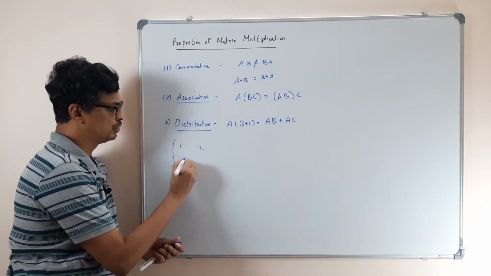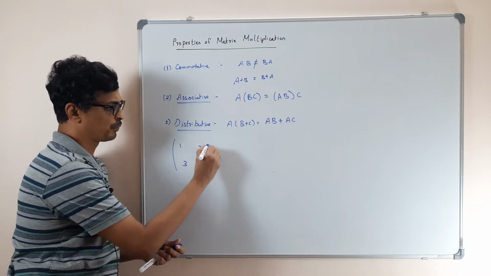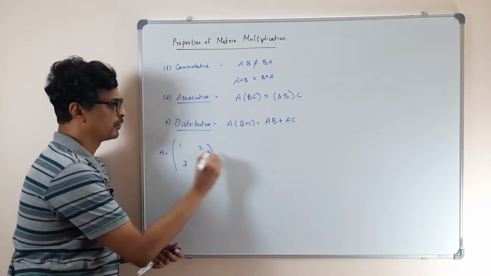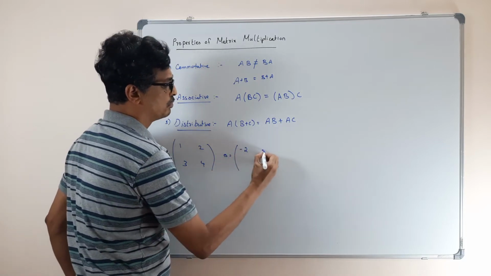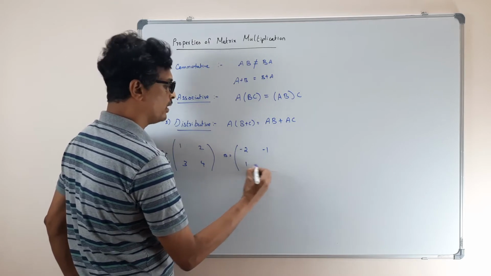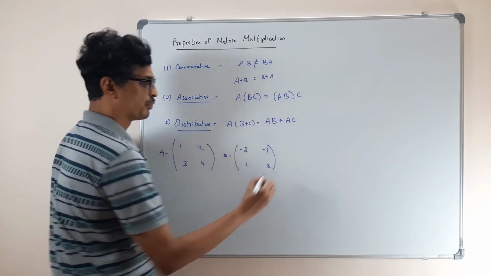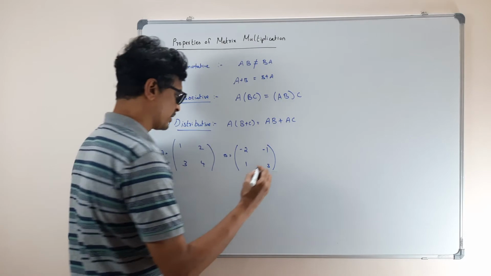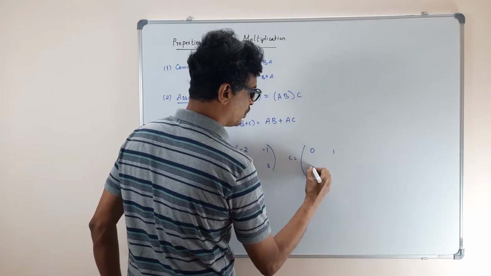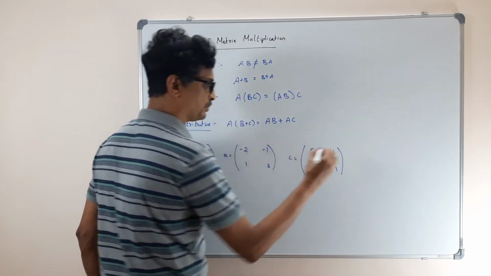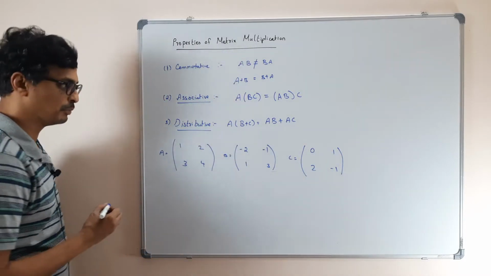1, 2, 3, 4. Let this be A. B is equal to minus 2, minus 1, 1 and 3. And let us take C equal to 0, 1, 2, minus 1. So this makes life simpler, correct?